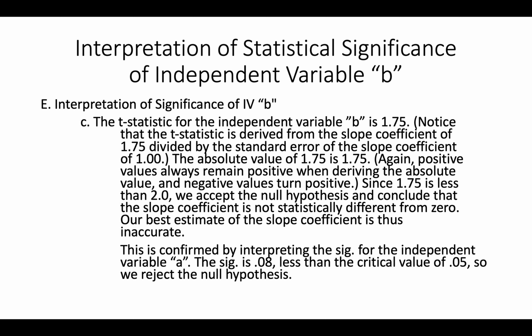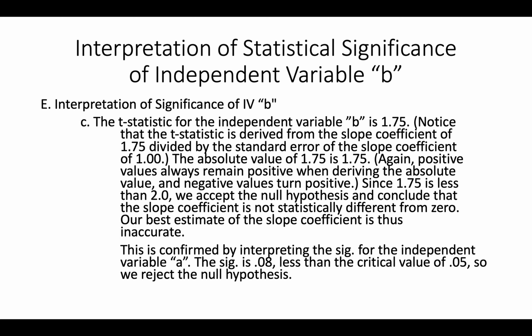Next, we move on to a correct interpretation of the statistical significance of the independent variable B. The t-statistic for B is 1.75. Again, the t-statistic is derived from dividing the slope coefficient by its standard error. We do want to know the absolute value of the t-statistic so that we can apply our rule of 2.